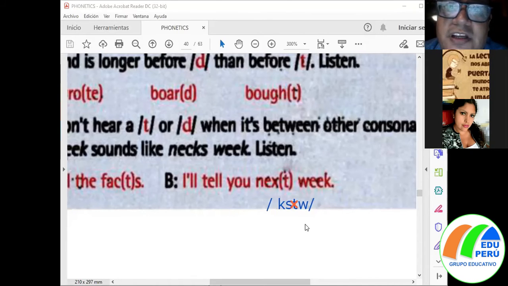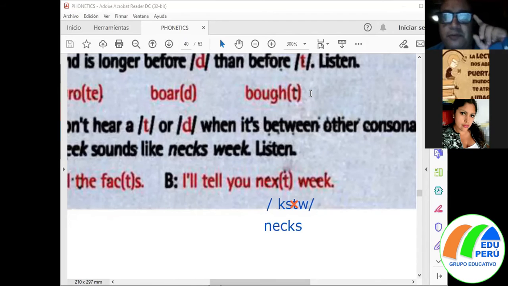And you say next week. So it means that you're going to say it like the word neck, plural, necks, the parts of the body. Similar, all right? I'll tell you next week. The ta sound is omitted. You don't pronounce the sound ta. Notice here. So we call this elision.